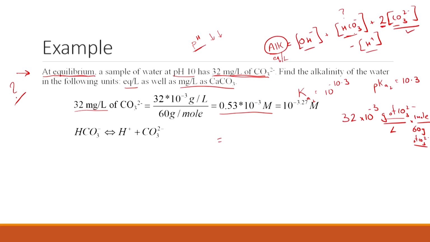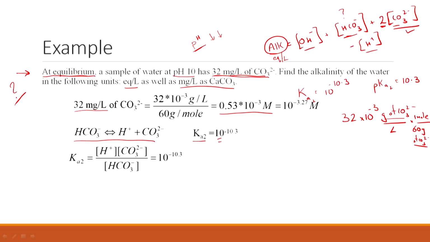So as we discussed, we have this acid dissociation reaction, right? And we have the Ka, or equilibrium constant, for this reaction. What is Ka? Obviously the product of the activities, which we are assuming to be equal to the concentrations here, the product of the concentrations of the products divided by the concentrations of the reactants, raised to their stoichiometric coefficients, but all the stoichiometric coefficients here are 1.